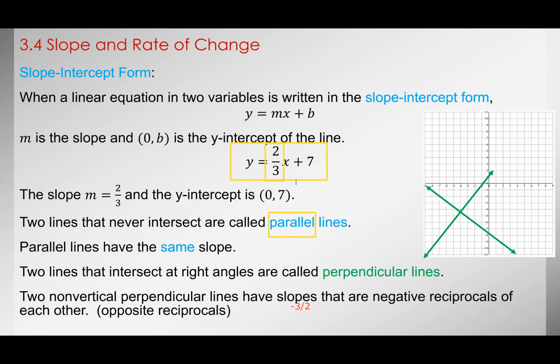Okay, so if this is my line, in order to be perpendicular, it has to be opposite, because it's positive here, I have to have a negative. 2/3, the reciprocal will be 3/2. Those, in short, are the definitions of parallel versus perpendicular. Okay.